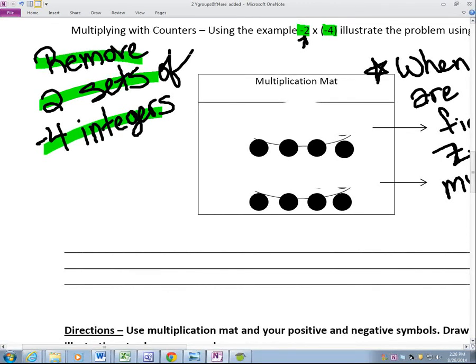Now, what did you notice about what happens when you have 2 negative integers?